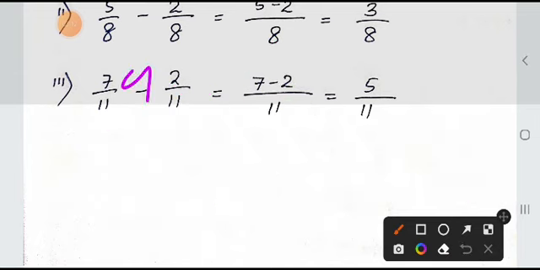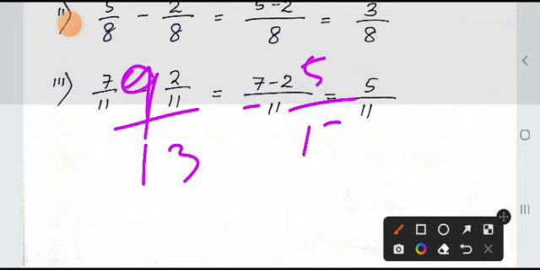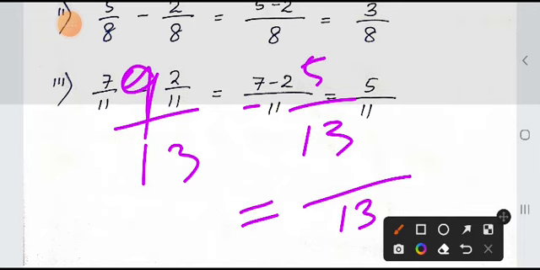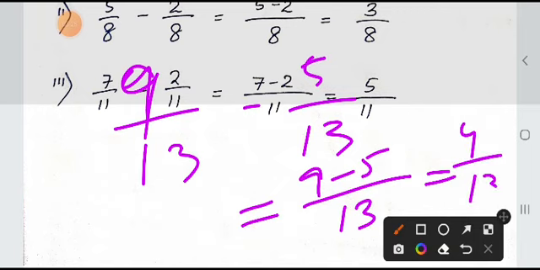Suppose there is 9 upon 13 and 5 upon 13, then what will be the answer? 13 will be in the denominators, and the numerators there will be 9 minus 5, that will be 4 upon 13. So in this way you can easily do the subtractions process in case of fractions.